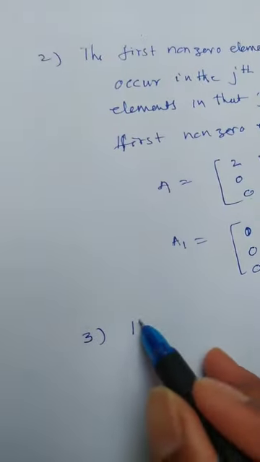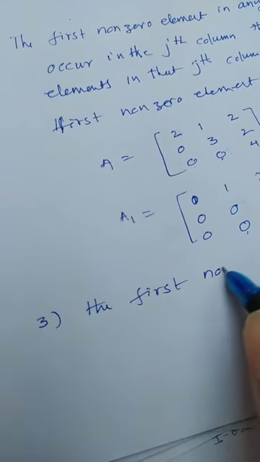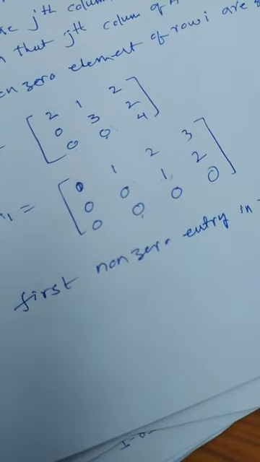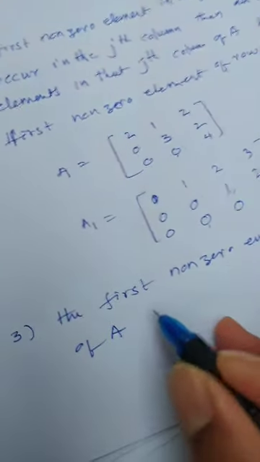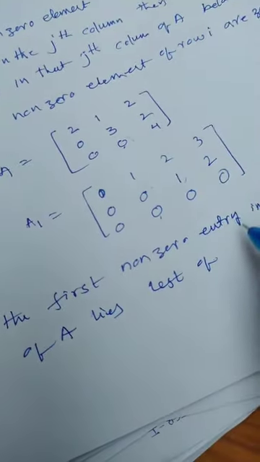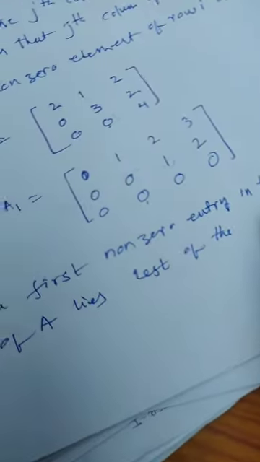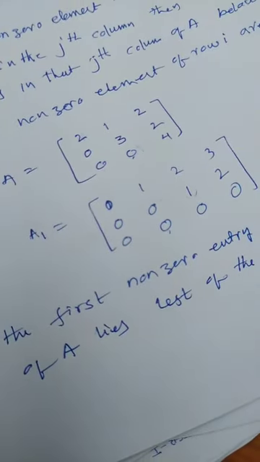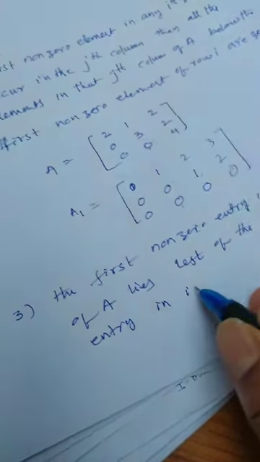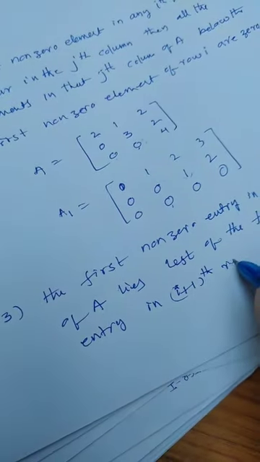The first non-zero entry in the ith row of A lies to the left of the first non-zero entry in the (i+1)th row of A. So what is the third condition?